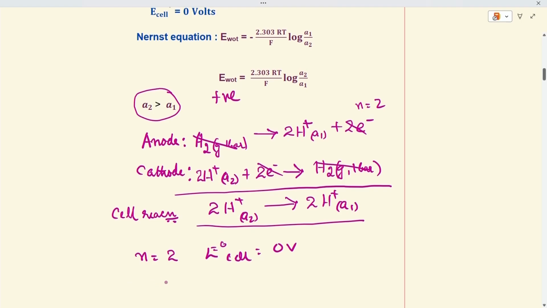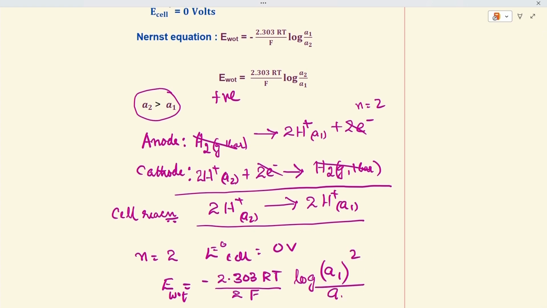Now, the Nernst equation: E will be equal to, without transference, minus 2.303 RT by, instead of N equal to 1, we will be getting 2F, log of the concentration of H plus ions, that is A1, for 2 moles you will have the square, whole divided by A2 whole square.